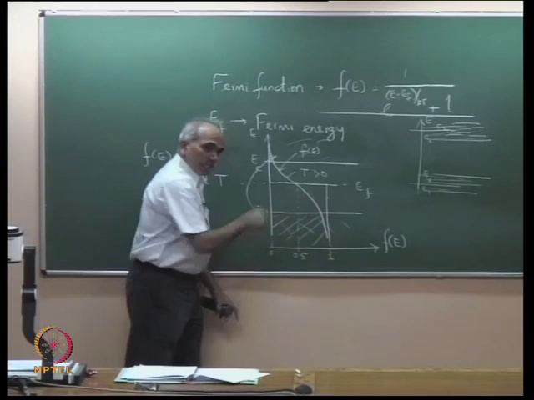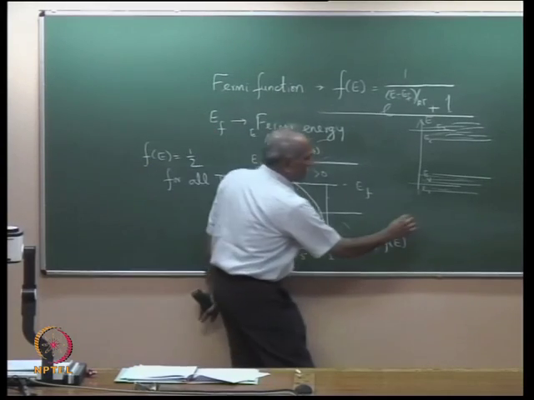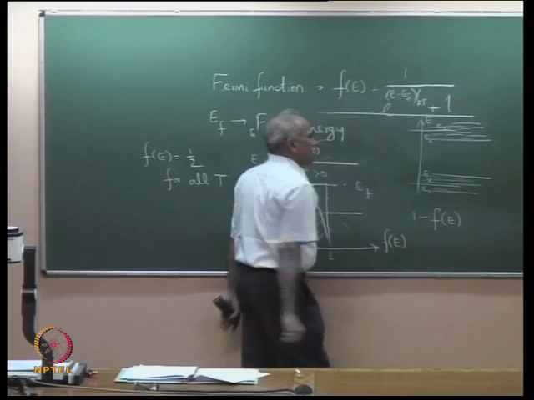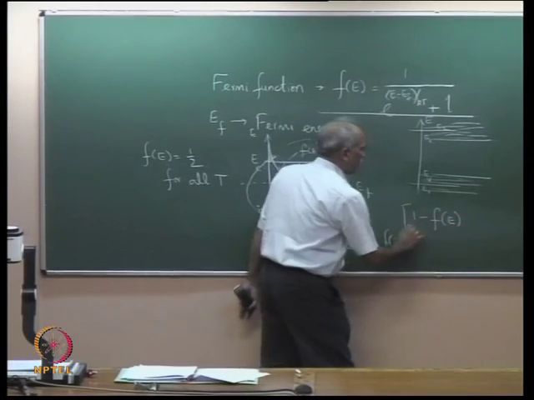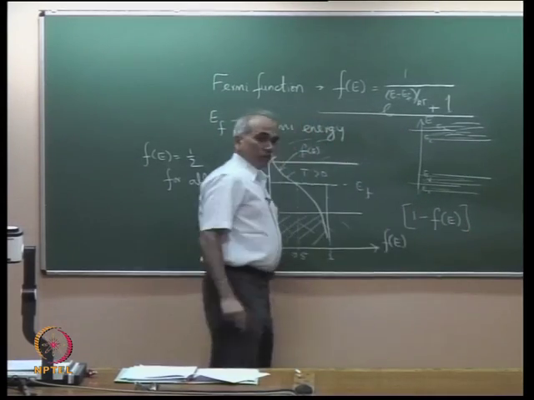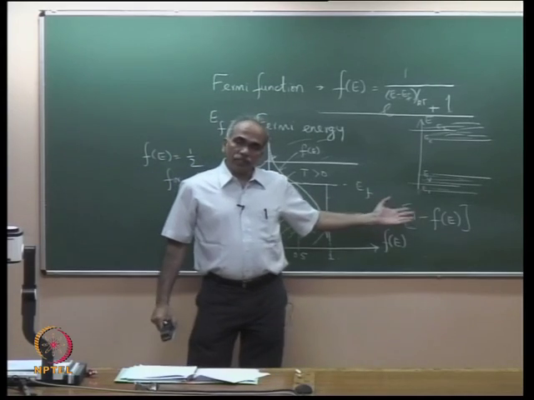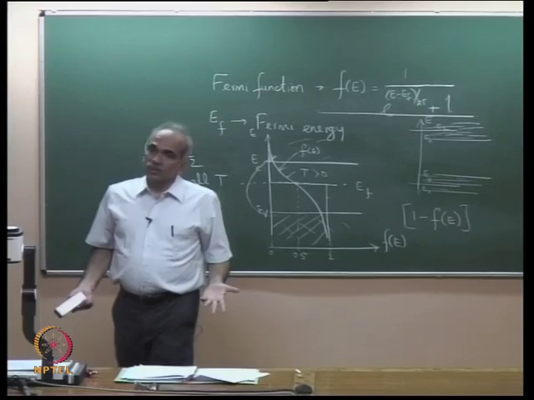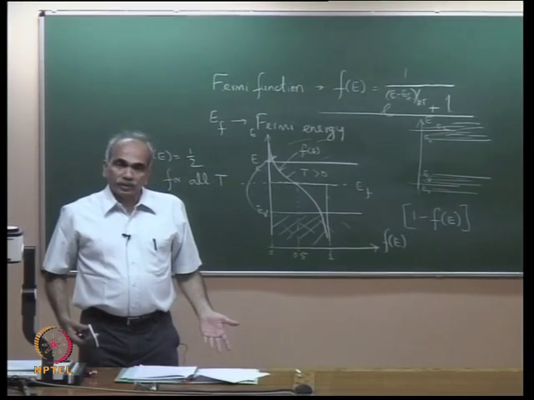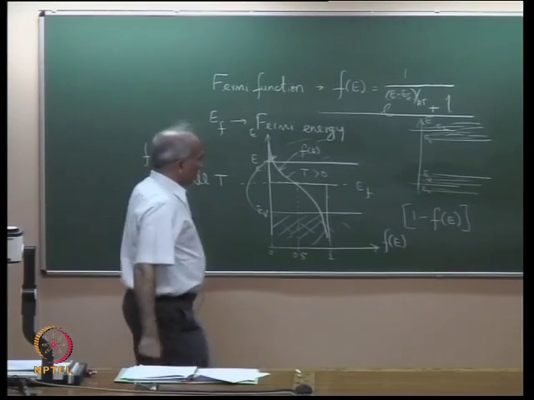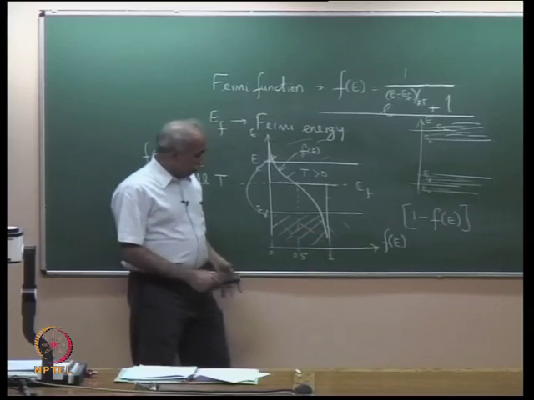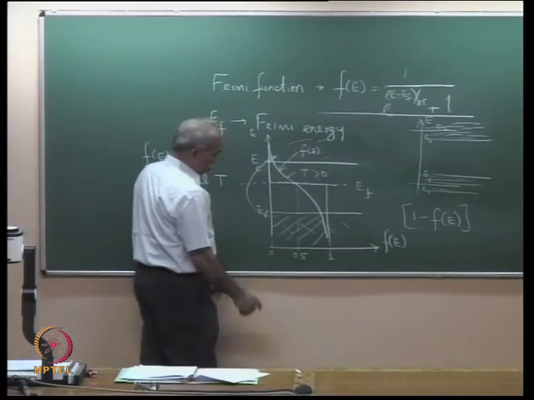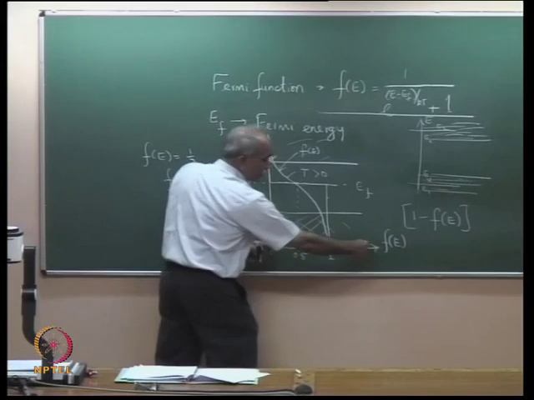This function is f of E. What is 1 minus f of E? If f of E is the probability that a state is occupied, then 1 minus f of E is the probability that the state is vacant, unoccupied. The state is vacant. In the valence band, please see, f of E is going like this.